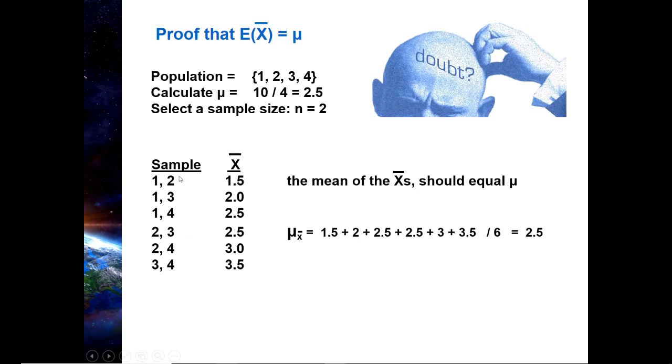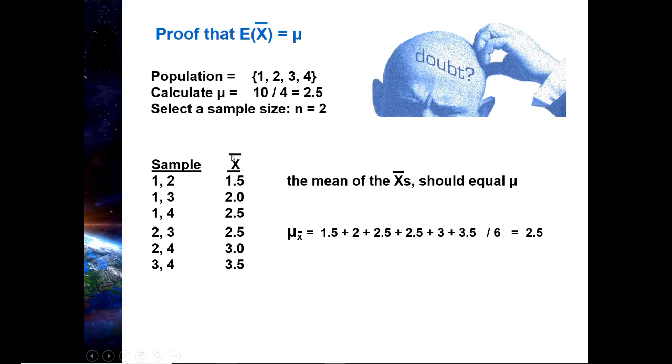All right, now that we have all of our unique samples, the next step is to calculate the mean of each sample. Because we're trying to prove that X bar is unbiased, we calculate the mean. If we were trying to prove that S squared, the variance of the sample, is unbiased, we wouldn't be calculating the mean here.